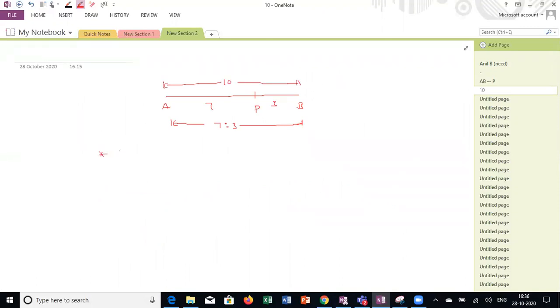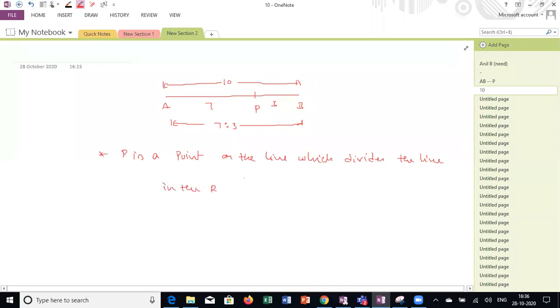I can say P is a point on the line which divides the line AB in the ratio 7:3. Is it clear what I'm saying? Clear, guys? Yes, sir.